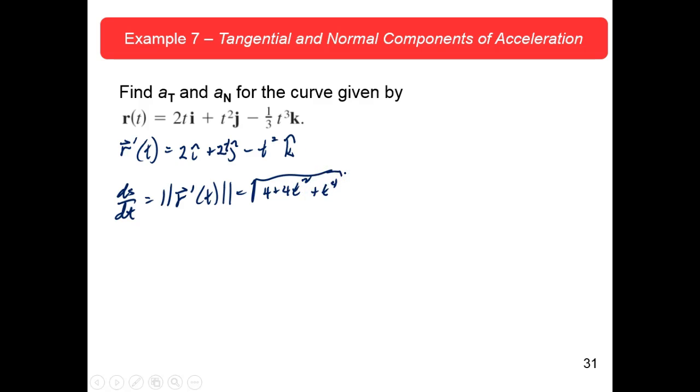Seen this before, haven't we? Which is t squared plus 2. Because this is a perfect square of t squared plus 2 squared, and the square root loses one of those. So there is your speed, magnitude of the velocity.